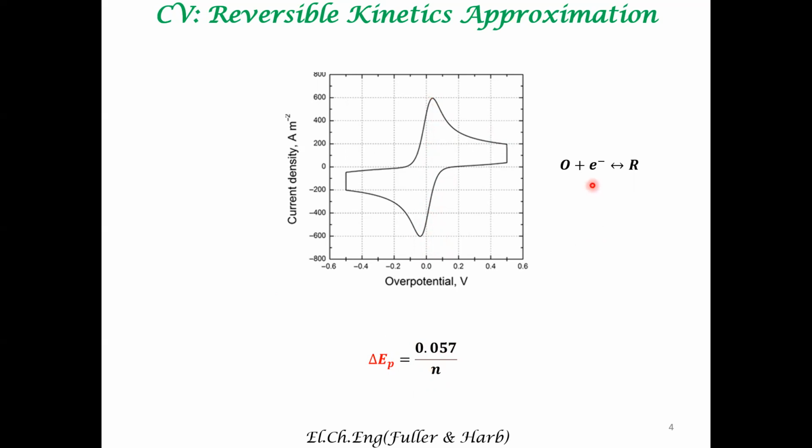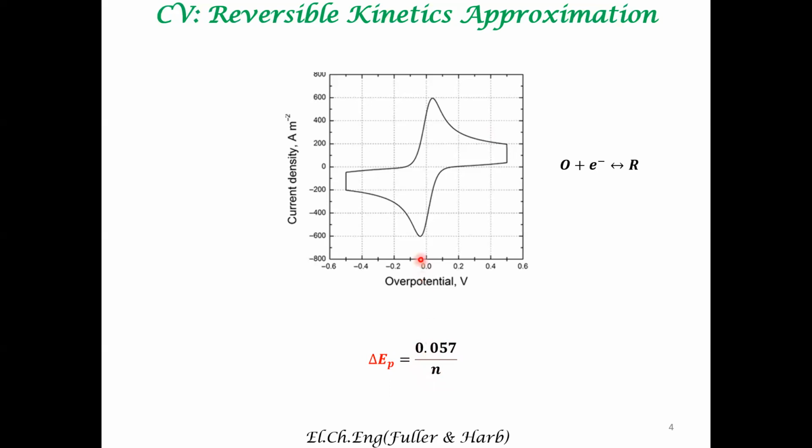In this case, N is 1, but this result is quite general, and for completely reversible kinetics, this result is valid. So how do we use this result? Supposing you know your system is reversible, but you do not know the value of N.